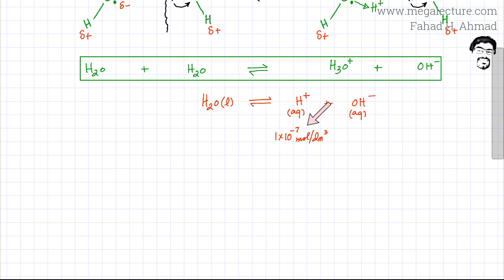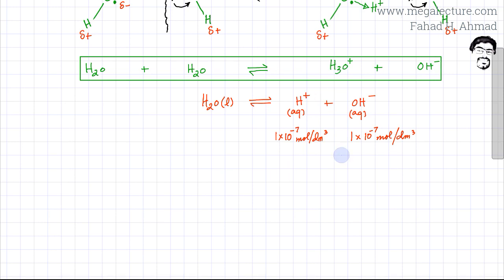So if the H+ ion concentration is 1 × 10^-7 mol per decimeter cubed under standard temperature and pressure, the OH- ion's concentration is also going to be exactly the same. It's going to be 1 × 10^-7 mol per decimeter cubed. So they're both going to be in equal concentration if water dissociates, ionizes, and the concentration is very small.